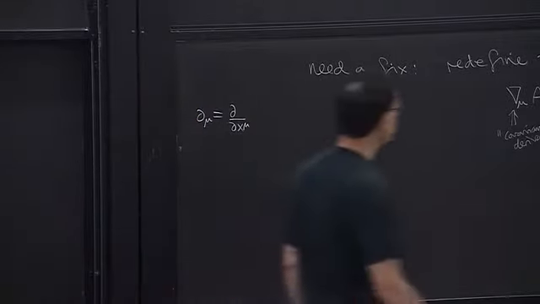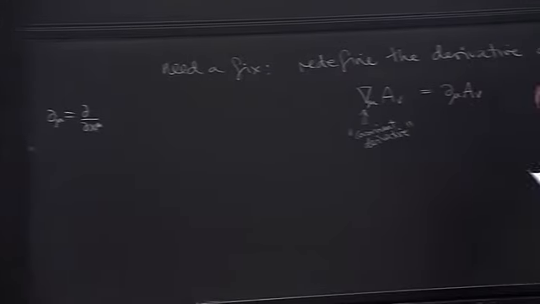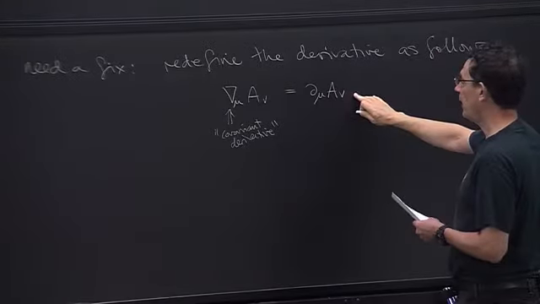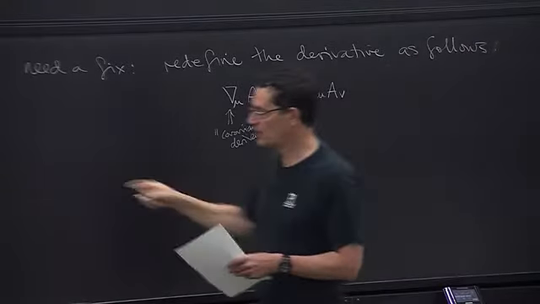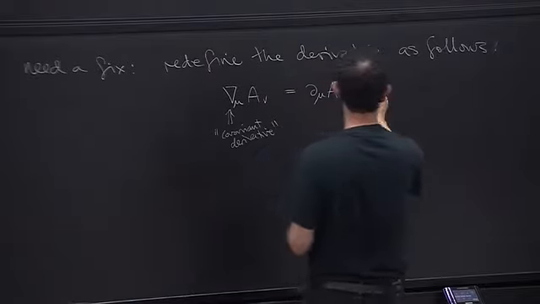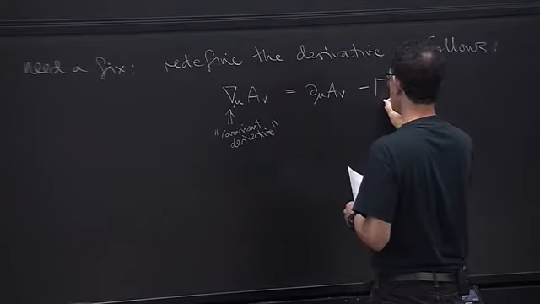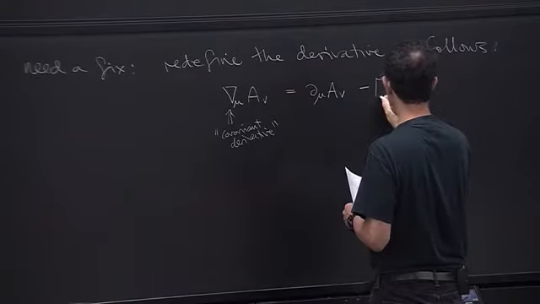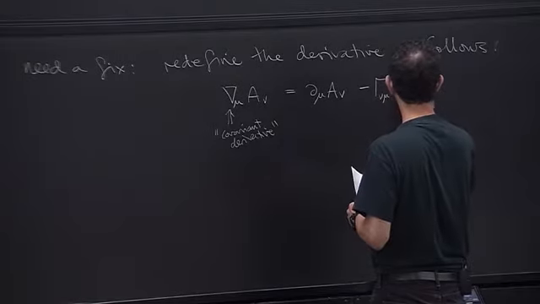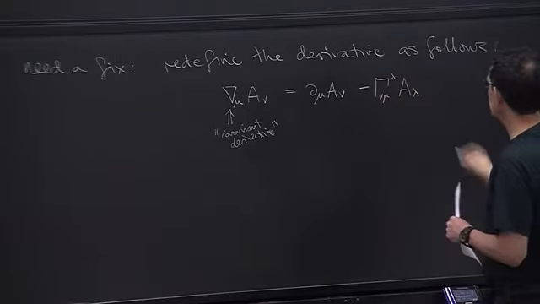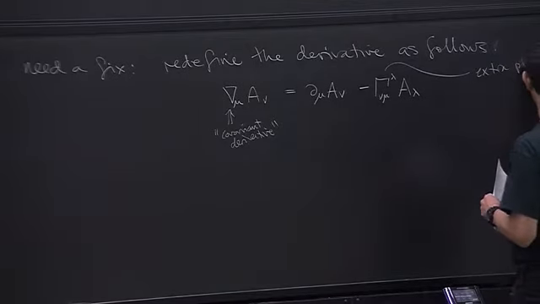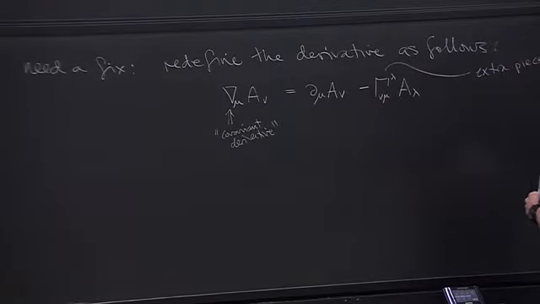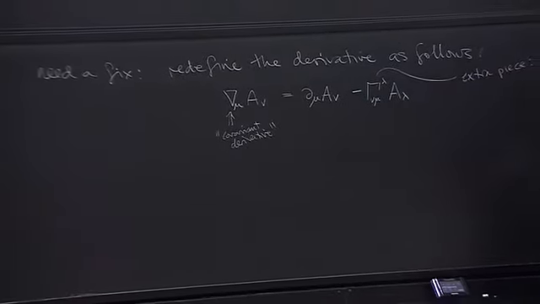And so the meaning should be clear of all these things. You see, we've got a nasty extra term here, so the idea is to subtract it off. So we define something like this. Okay, so this is an extra piece, where gamma is the connection.